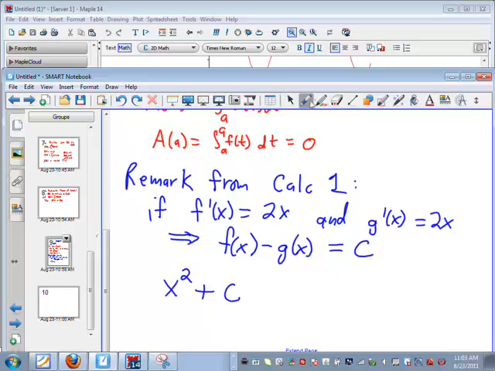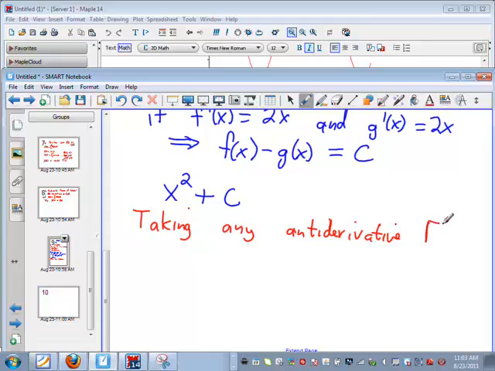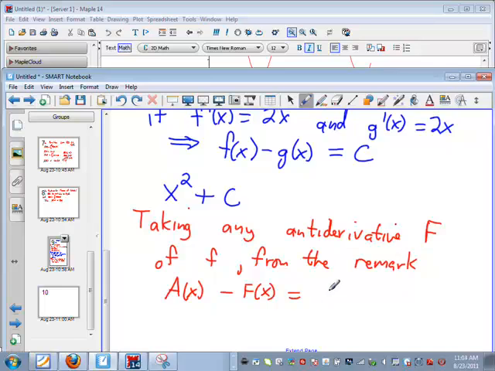So now, going back to red, taking any antiderivative capital F of little f, from the remark, we know that capital A of x minus F of x has to be constant, and therefore capital A of x is equal to F of x plus a constant, where F is an antiderivative.